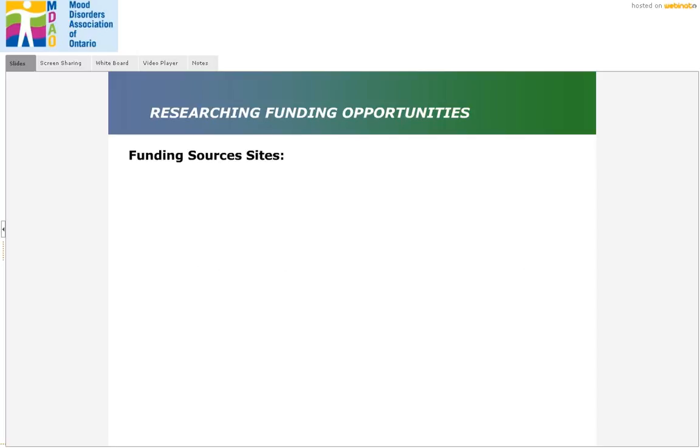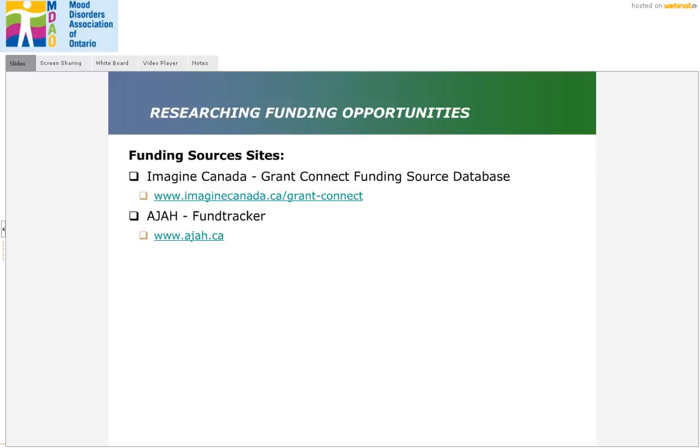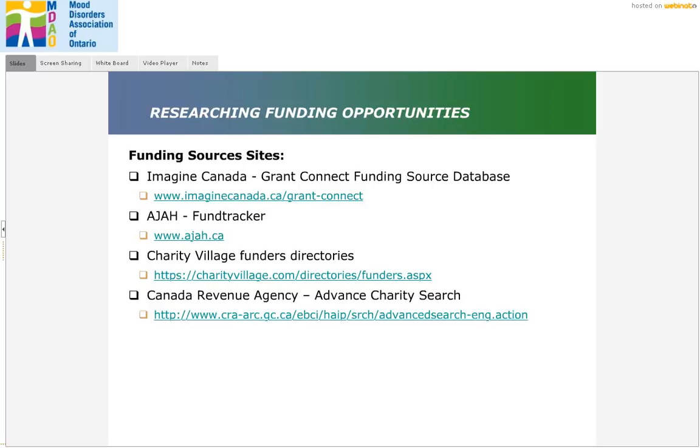Some of the databases are paid resources, such as Imagine Canada's Grant Connect and the Fund Tracker by AJHA. But there are also free databases and directories that you can use, including Charity Village's Funders Directory and the Advanced Charity Search through the Canada Revenue Agency.